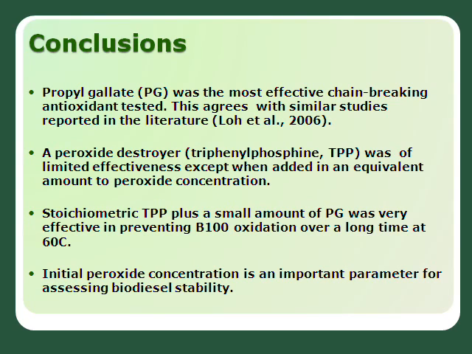If you destroy the initial concentration of peroxide with triphenylphosphine and then add a small amount of the radical quencher, B100 oxidation is prevented for a long time under our conditions. And we believe that the initial peroxide concentration is very important under our conditions for assessing stability.